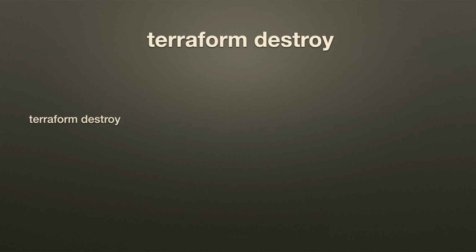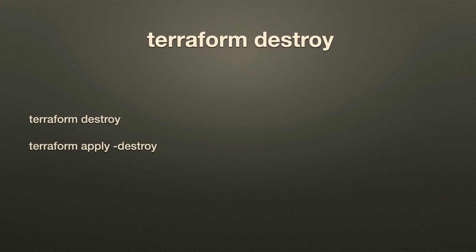Terraform destroy, like I said, just wipes everything out. This, however, is a convenience function. What it's actually doing is a Terraform apply -destroy. So the cool thing here is that it takes all of the same parameters that apply does, all of the same variables and things like that, except the plan file.